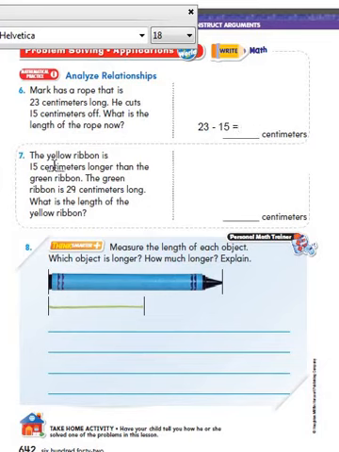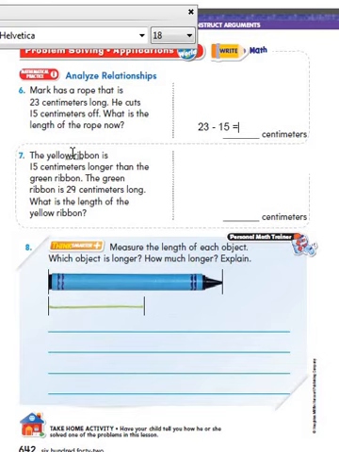Okay, let's move to number 7. He said to me the yellow ribbon is 15 centimeters longer than the green ribbon. So you have to stop here. From the beginning, the yellow ribbon is 15 centimeters longer than the green ribbon. So I have 2 ribbons here. One of them is longer than the other. By how many centimeters?